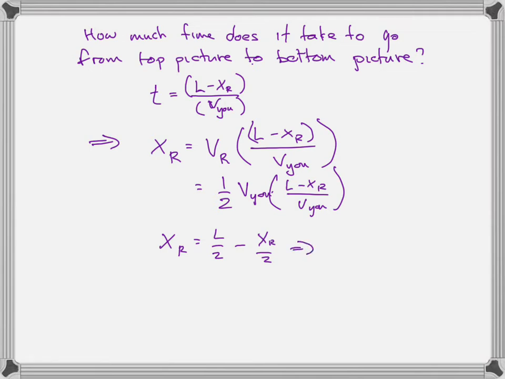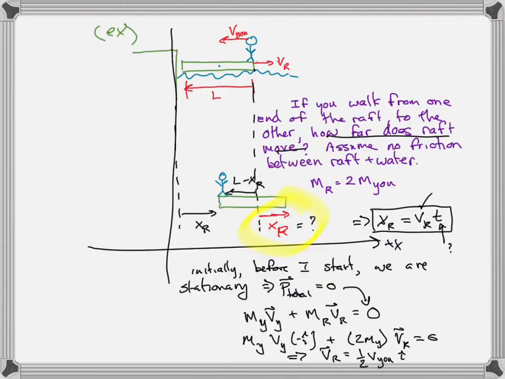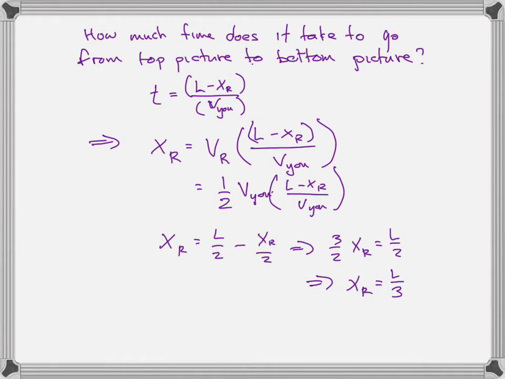Just multiplying that out, solve for x raft. Therefore, 3/2 x raft equals L over 2. Therefore, x raft equals L over 3. The raft moves 1/3 of its length by the time, so x raft is 1/3 of L.